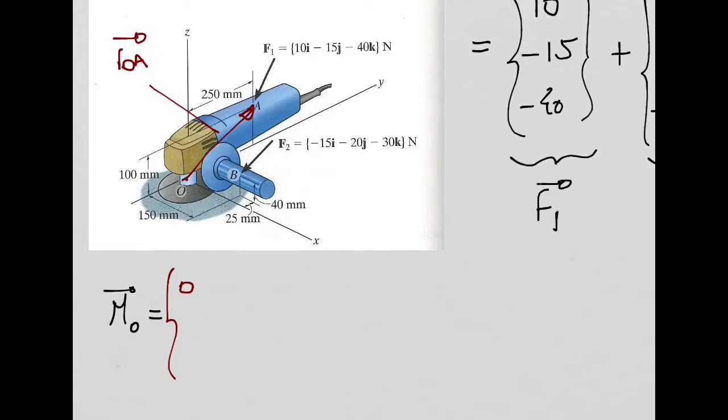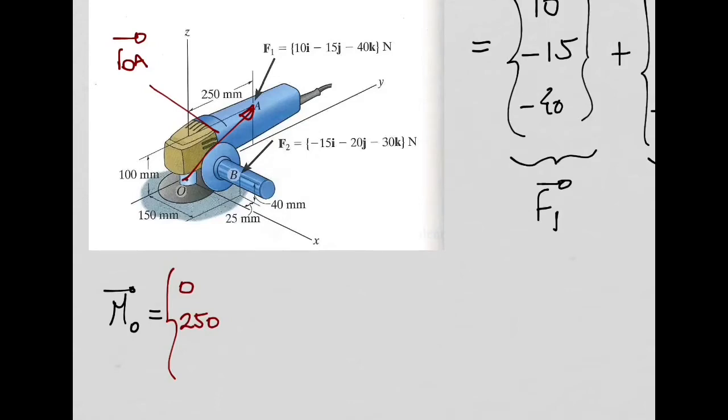How much is it? 100? The y component is 100, are you sure? It's 250, right? This component here is my y component, equal to this 250. You agree with me? So 250 here.